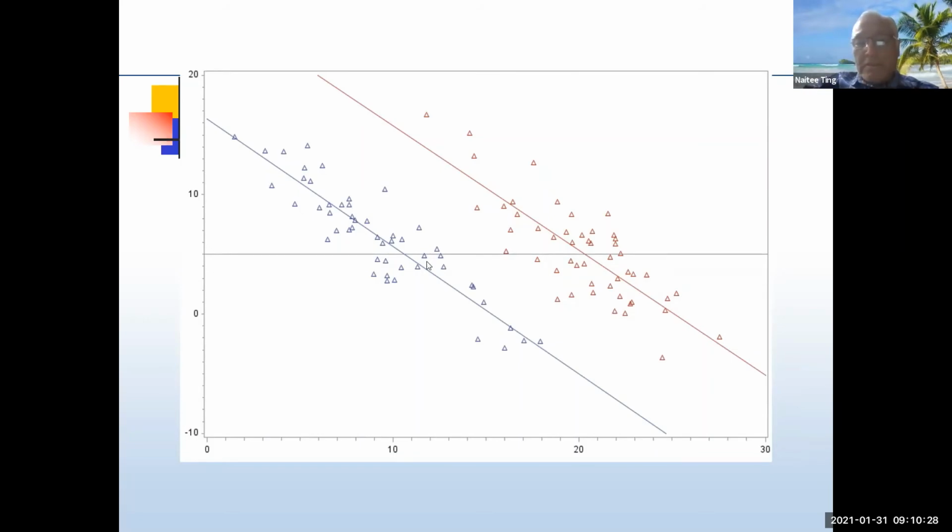Let's take a look at this data set a little bit more carefully. Let's look at the x-axis, the baseline. In this data set, the placebo patients have a higher mean baseline. The test drug patients have a lower mean baseline.